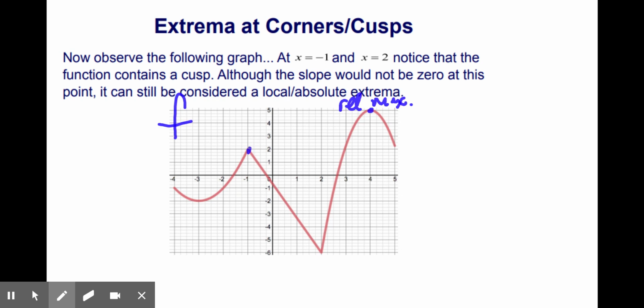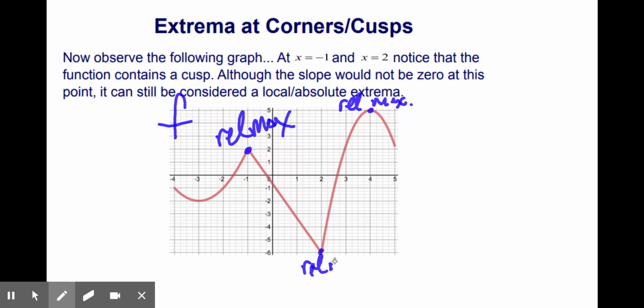This point is certainly a relative max, right? It's where the graph changes from increasing to decreasing.